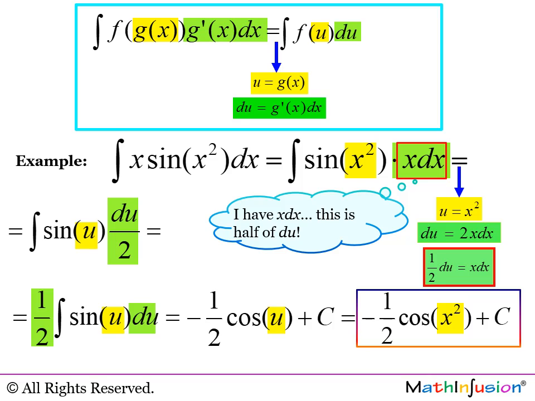Because it's always manipulation of constants, we always can take this constant using the constant rule and just take it out of the way by writing this in front of the integral sign and just continue as usual.